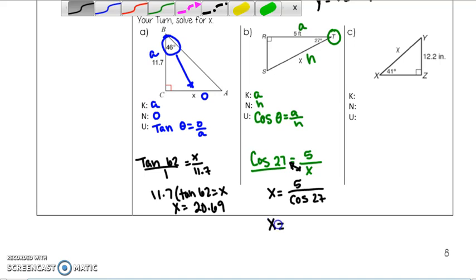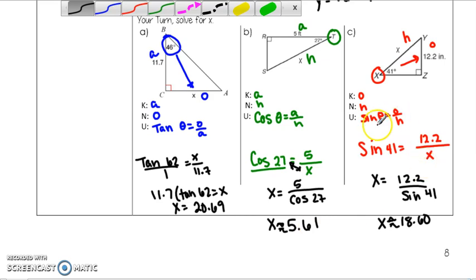So x is going to equal 5 divided by, make sure cosine 27's in parentheses, we're in degree mode as well, so 5.61 approximately. So try that last one, pause, and then go ahead and check when you're ready.